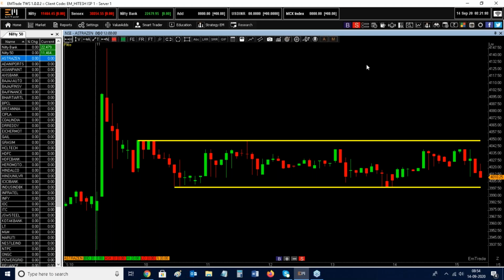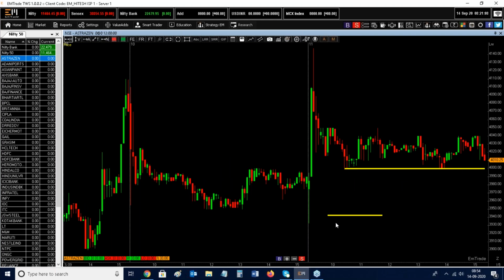If it breaks this high, we can conclude it's accumulation. If it breaks this low, we can say it's distribution, right? So around this level, which is 4050, your stop loss will be around 50 points over here. Since it's a 4,000 rupee stock, your stop losses will be big, fine.